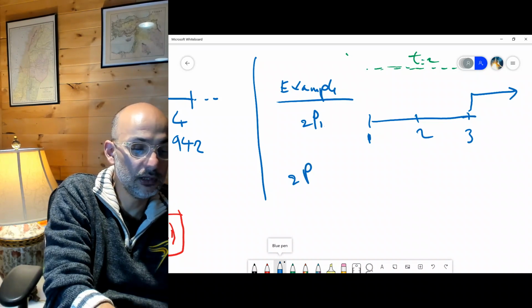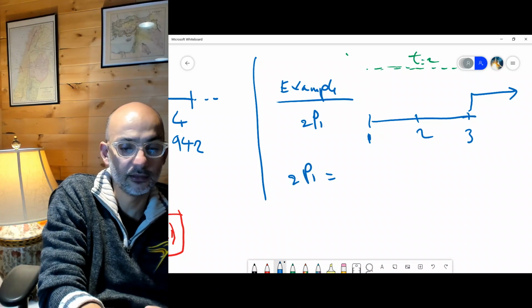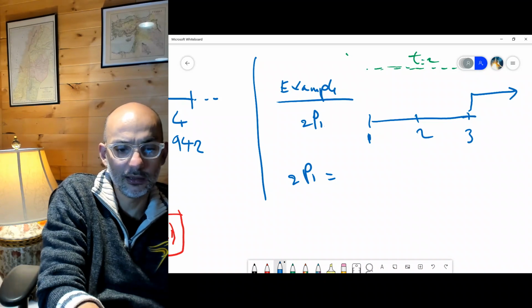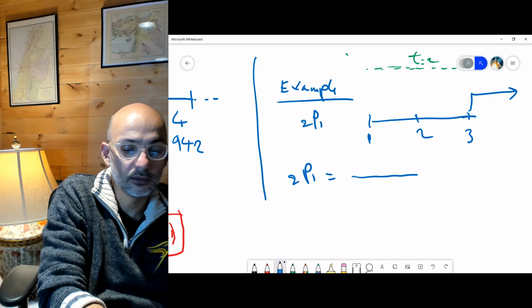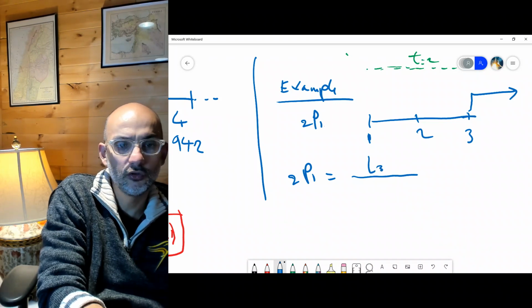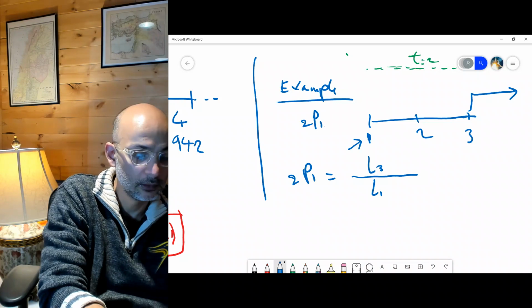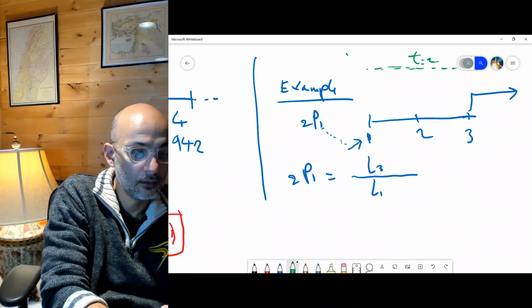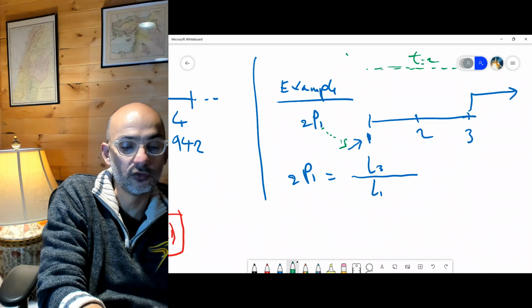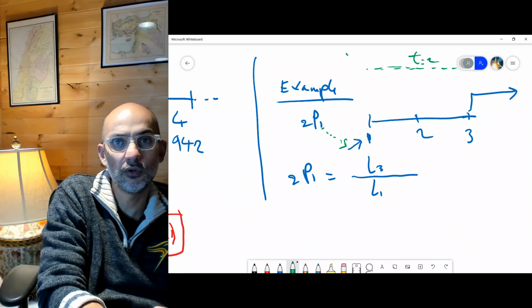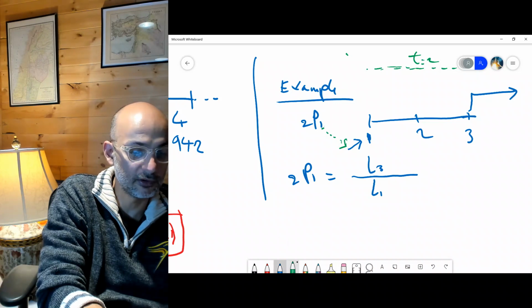So tP1, by definition, or by logic as well, you look at the cohort who survived to age 3, and you divide it by the cohort we started with at this period, because we're evaluating at time 1. So who started at period 1, and then who survived, will give us the survival probability.